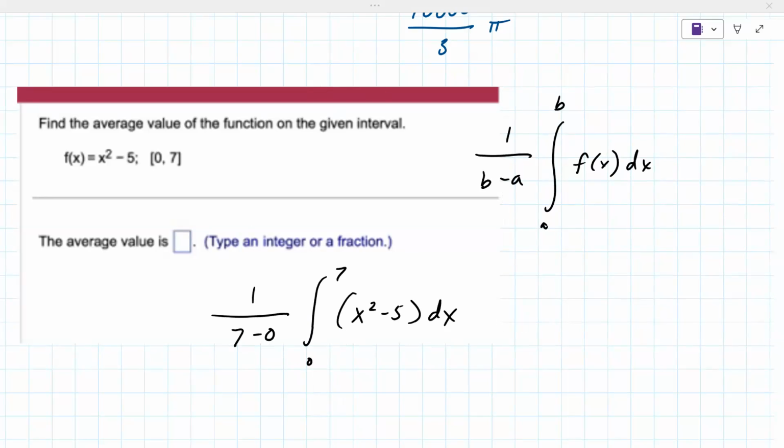You do not have to do it by hand. I mean, you can, but why would you? So this ends up being 34 over 3, purely a calculator problem.